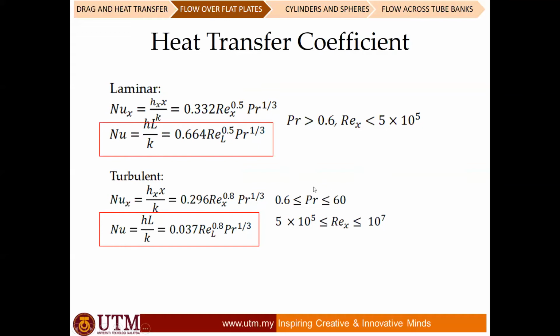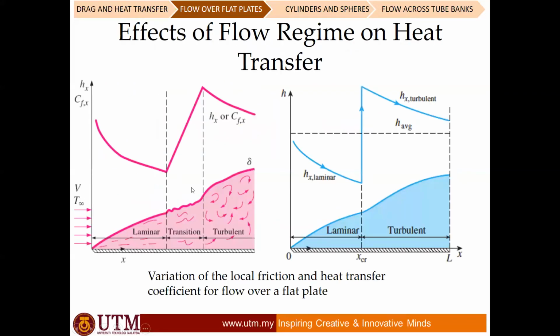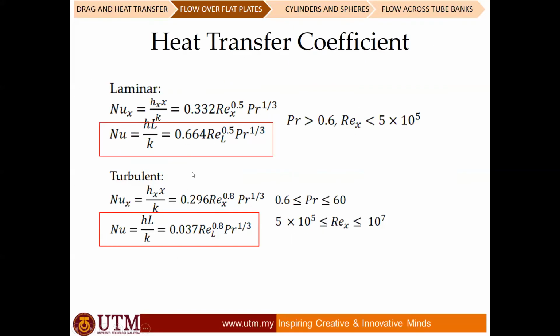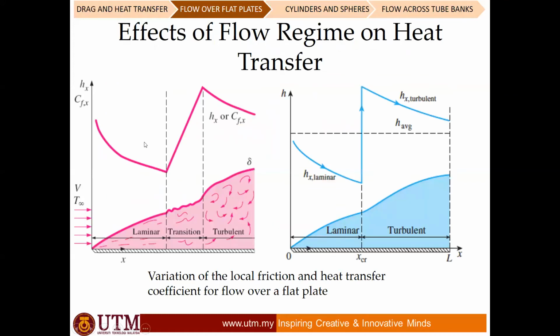If your problem falls under turbulent, you need to use this equation for a flat plate. So this is different. The Nusselt number for laminar is different, and the Nusselt number for turbulent is different. These two equations will give you something different for the heat transfer coefficient and also the skin friction.